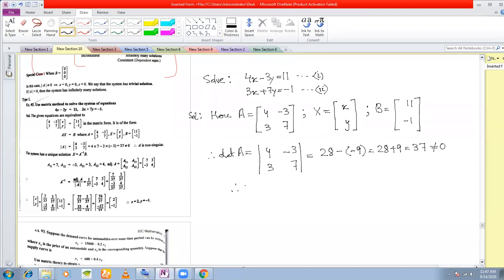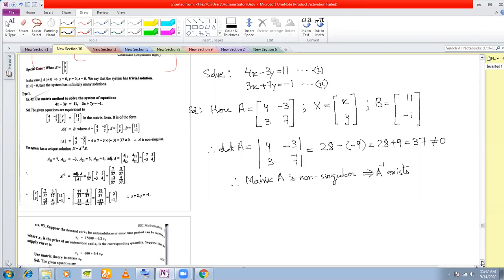Therefore, you say matrix A is non-singular. That means A inverse exists. We now proceed to find A inverse.